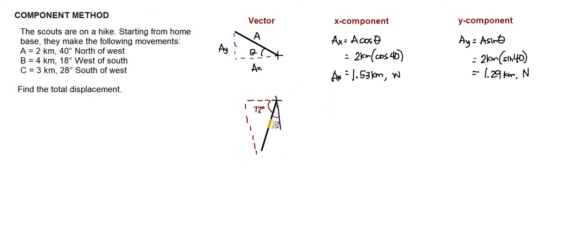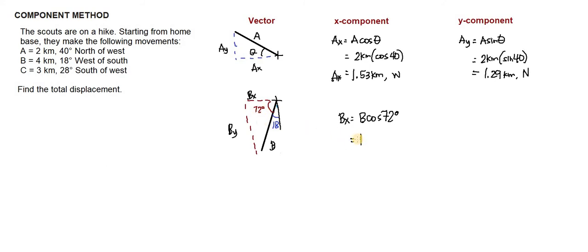So that will be our, of course, that is our B. Okay, that's your B. This is your B sub Y, and then this is your B sub X. But then here, gagamitin natin for our B sub X is the B cosine of 72 degrees. Okay? 72 degrees kasi yung complementary angle niya.